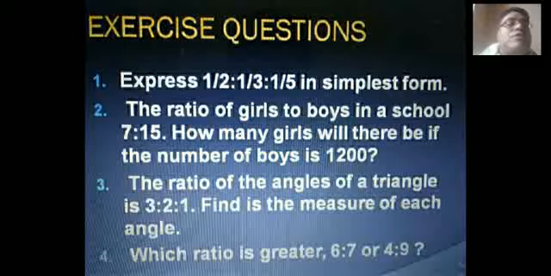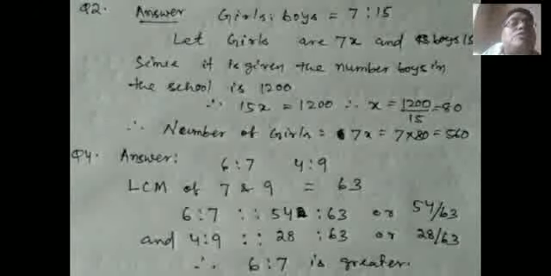The sum 3x plus 2x plus x is equal to 180 degrees. Simplify, find x, then find all three angles 3x, 2x and x. And the fourth question: which ratio is greater, 6 is to 7 or 4 is to 9? Questions 2 and 4 we will discuss in the next video. Just watch, it is worked out for you.